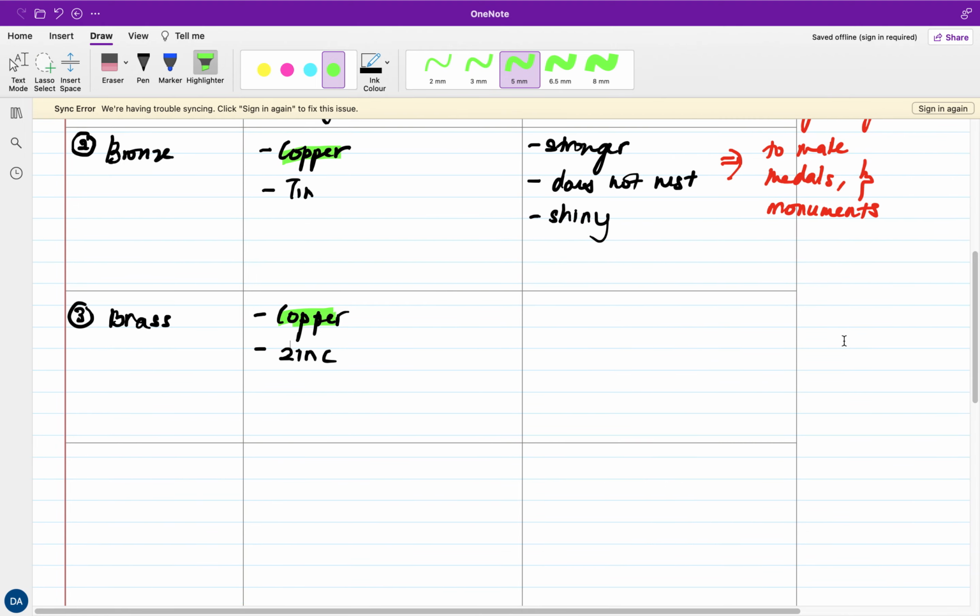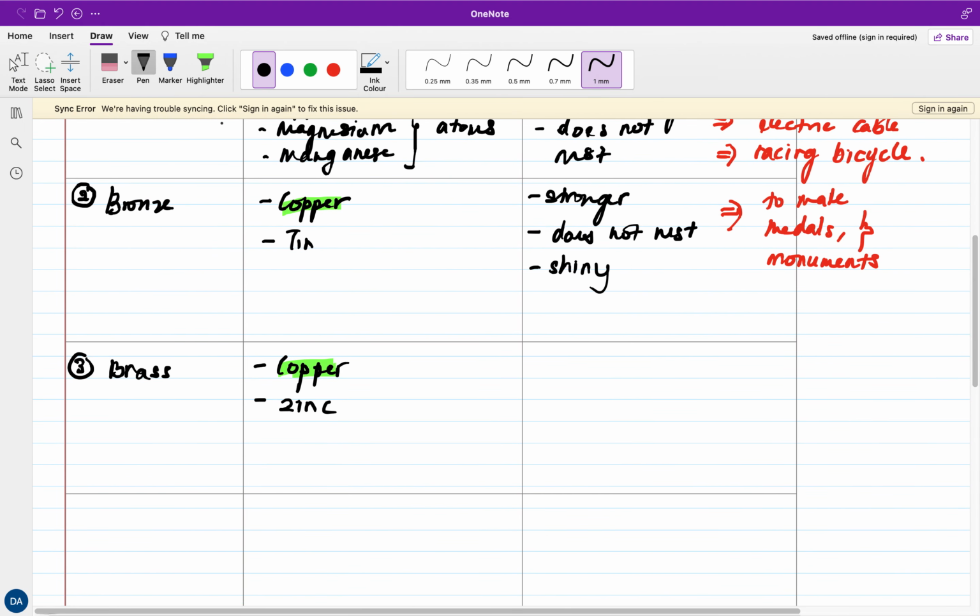And it has similar properties as copper, which is stronger, does not rust, and shiny.